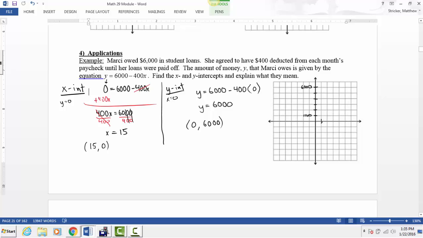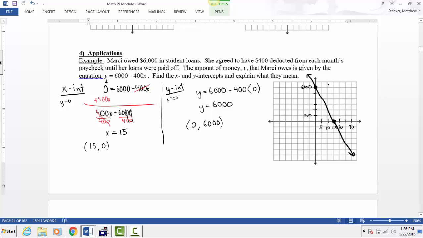So 5, 10, 15, 20, 25, 30, etc. So at 15, that's our x-intercept, and our y-intercept is up there at 6,000. So our line will look something like that. Okay.